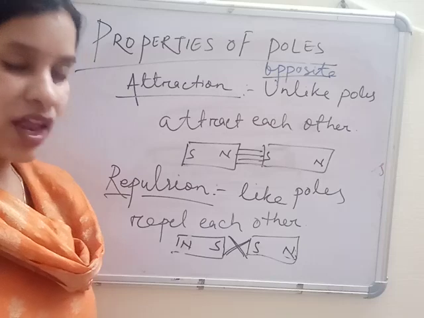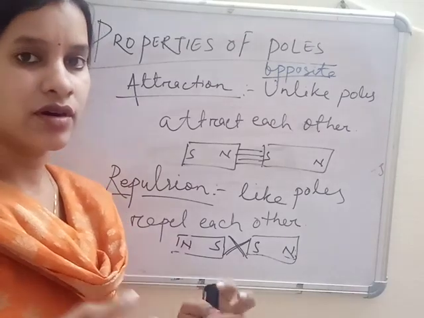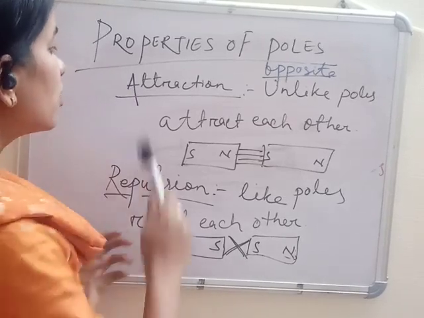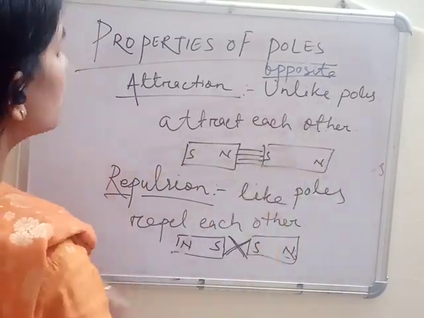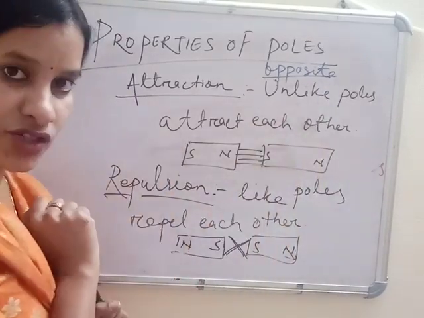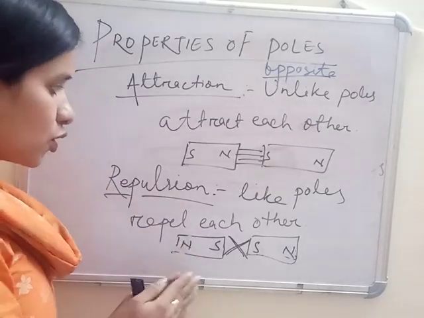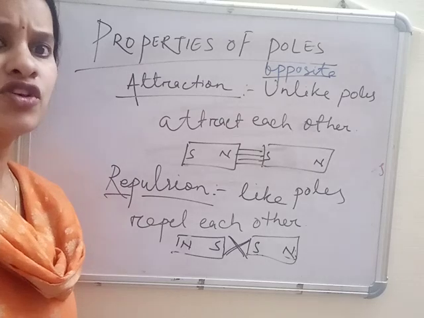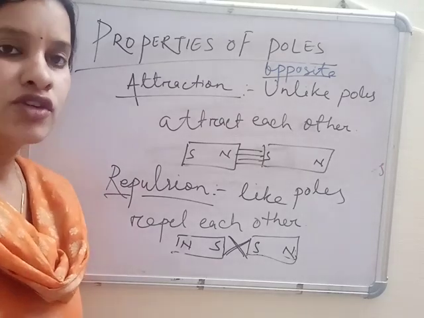First of all, poles have more strength, more of the attraction power lies in the poles. Then unlike poles or opposite poles always attract each other, and the same poles or like poles always repel each other. It's a property you can also check if you have two magnets.